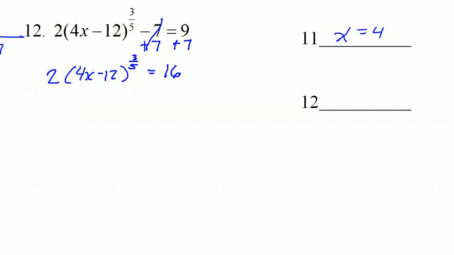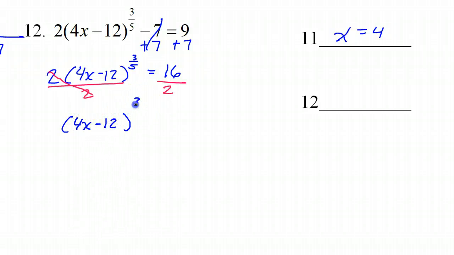Then you want to divide by 2. Got to get rid of that 2 before we do anything special. So we will divide both sides of this equation by 2. These 2's cancel out, and that is going to give me 4x minus 12 to the 3/5 power is equal to 8.